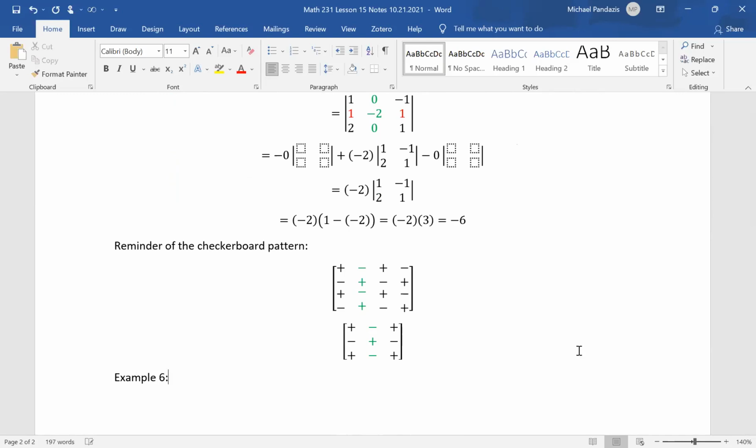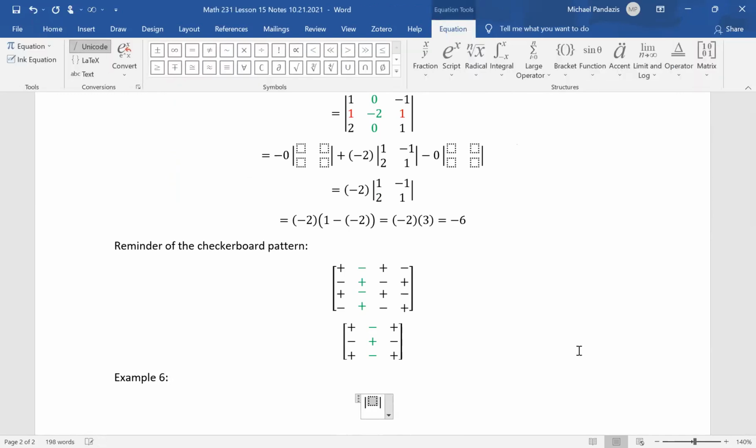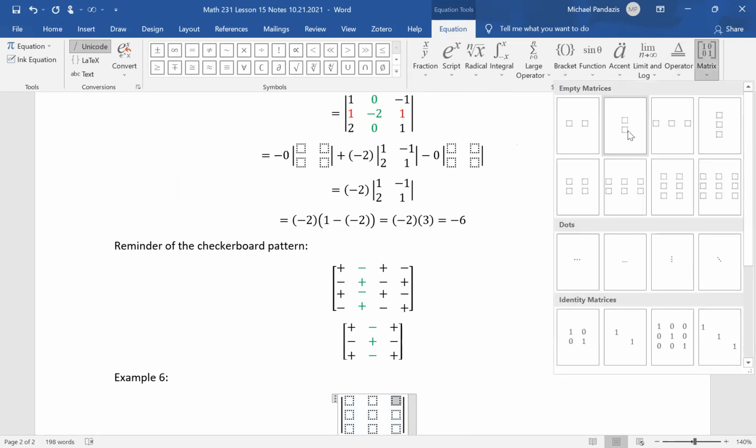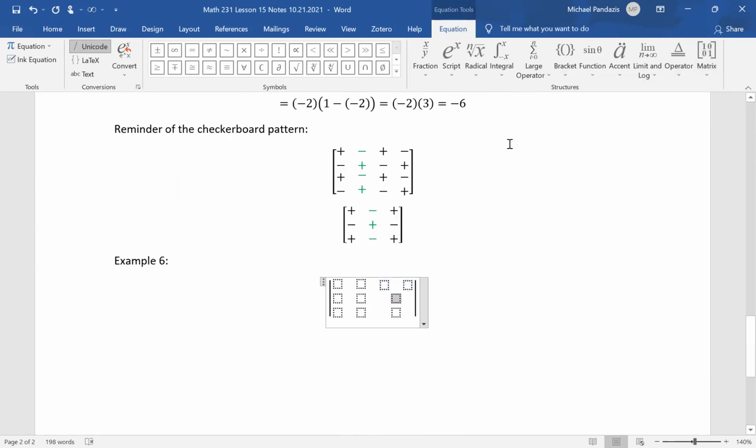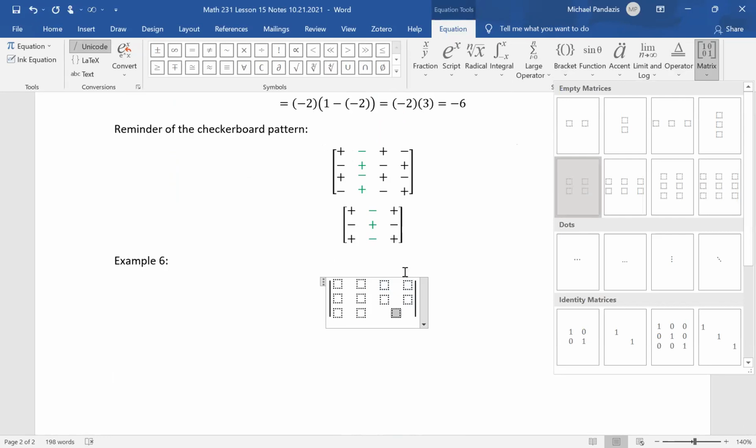So example 6, we're now going to look at the determinant of an upper triangular matrix. Here I'm going to look at the determinant of a 4 by 4 triangular matrix.